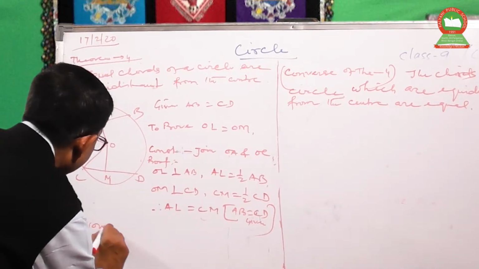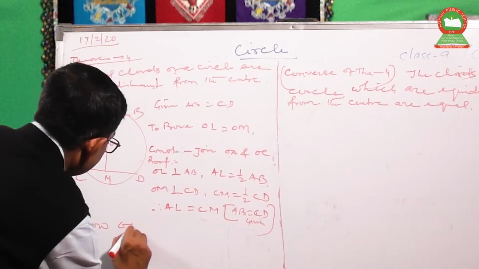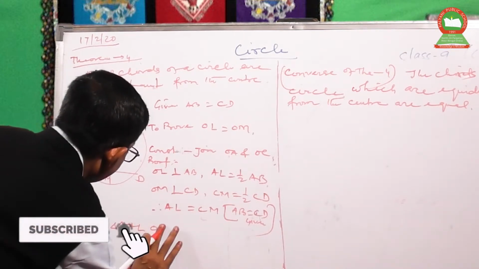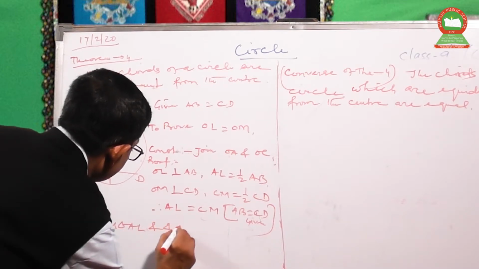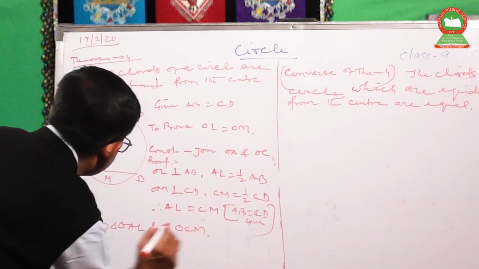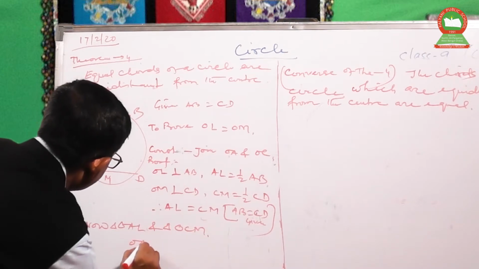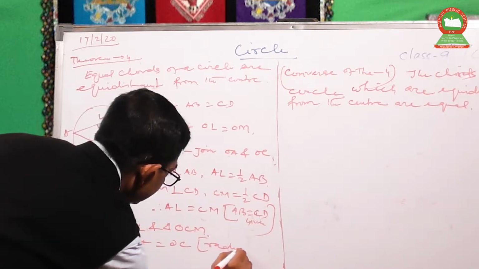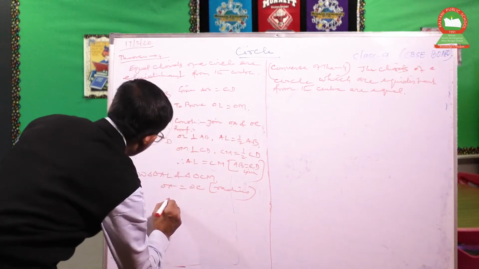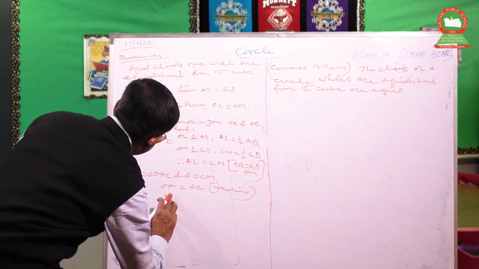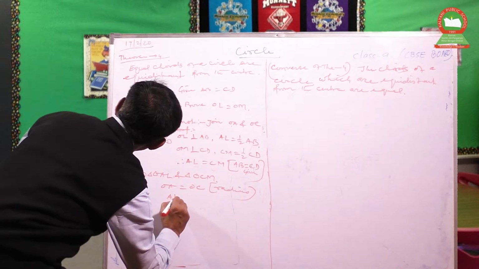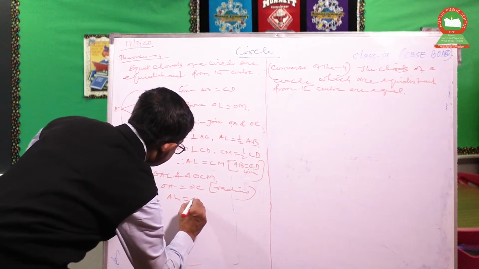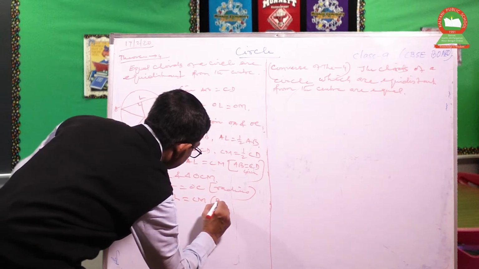Now in triangle OAL and triangle OCM, OA equals OC, this is the radius. AL equals CM, this is proved.